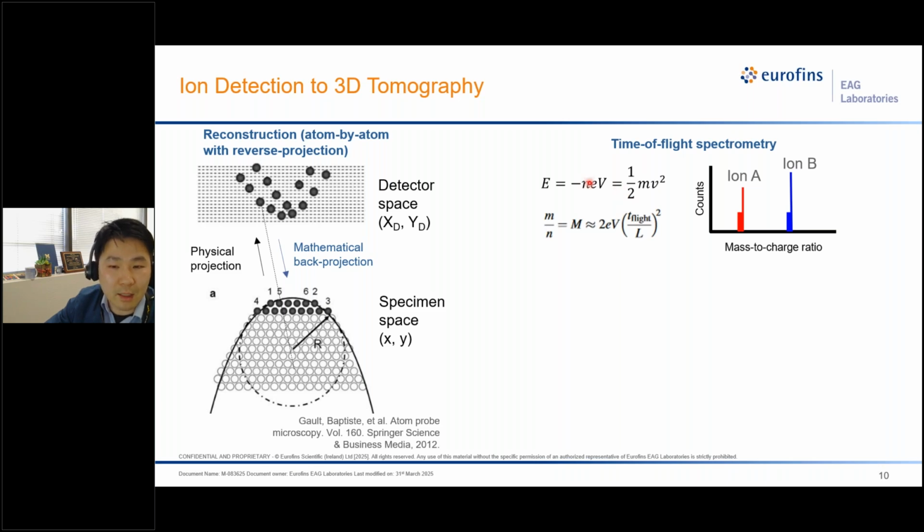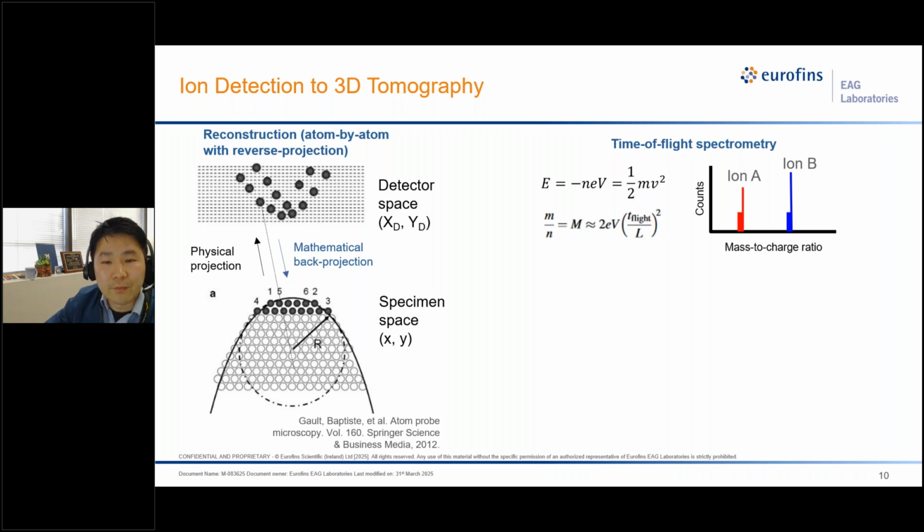Following the energy conservation law, the electric energy will be fully converted to kinetic energy, expressed as 1/2 mv squared, where v is the velocity of the ions traveling between the specimen and the detector.